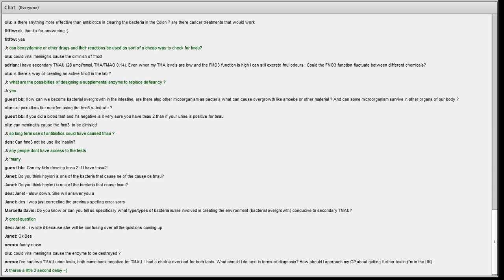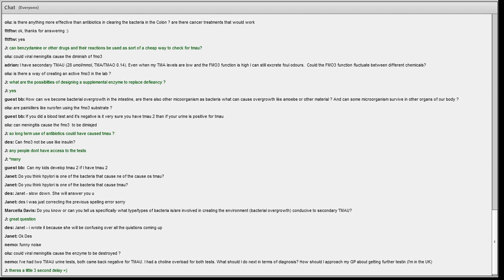I was just going to say FMO3 has quite a number of drug substrates, but the actual number of drug substrates is much smaller than, for example, FMO1, which is another FMO protein, or cytochromes P450. So most of the chemicals that are metabolized by an FMO are also metabolized by P450.